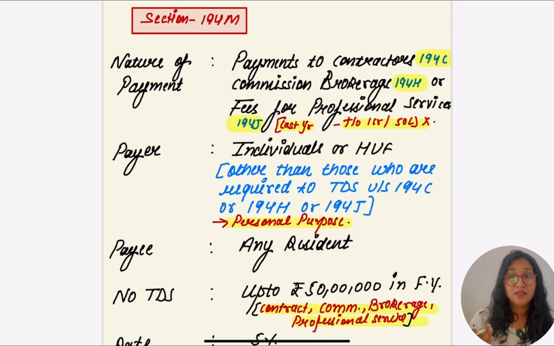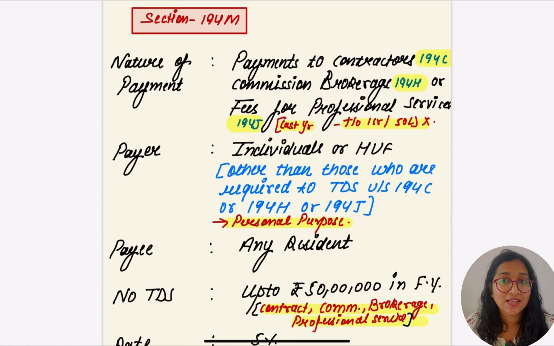But tell me one thing, in these three sections earlier we read that if the individual and HUF, even though their turnover exceeds the limit, were using the services for personal purpose, not for business purpose, we didn't take them, right?